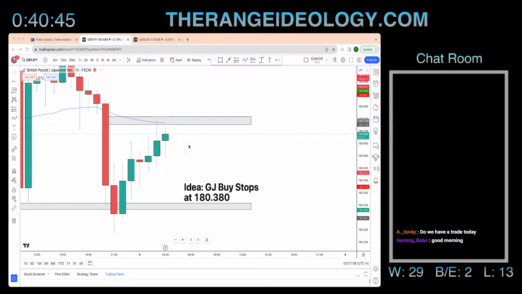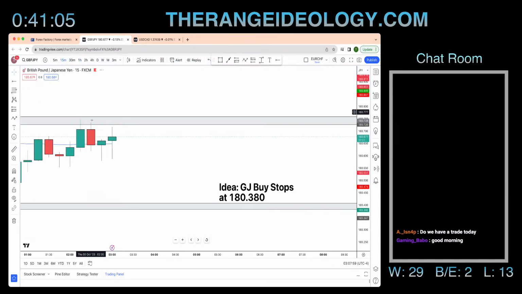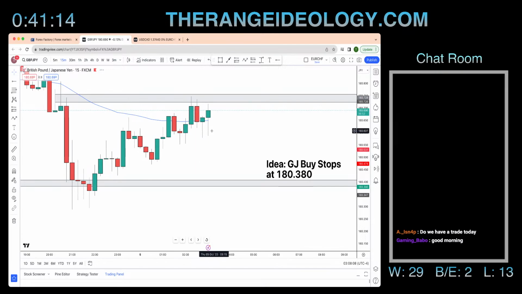However, still coming up. Let's see. GJ could be just ranging within this given zone here, but we need to identify that and look for a bearish push here of a candle.